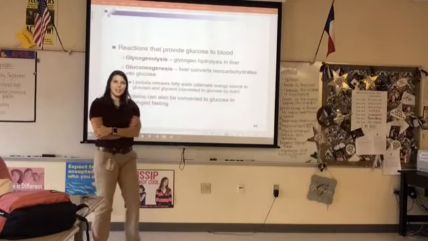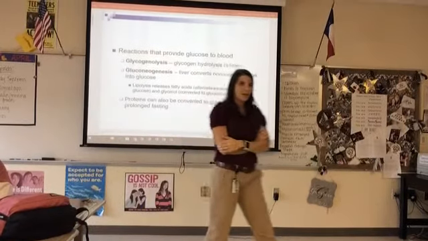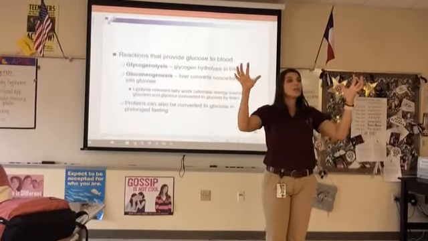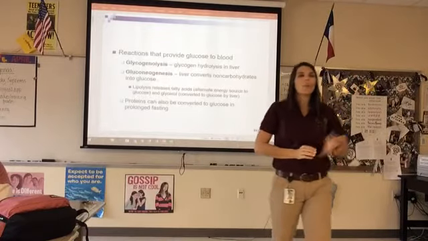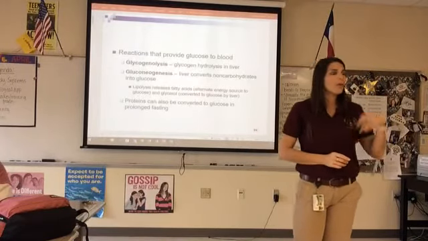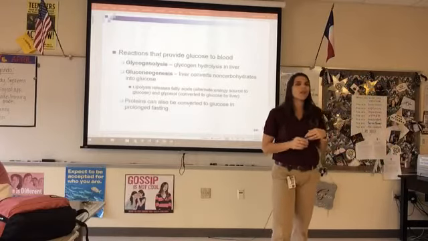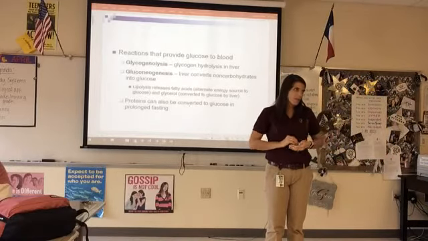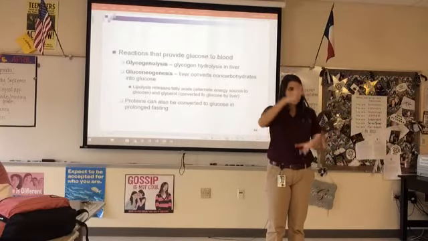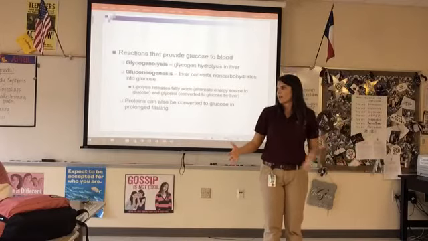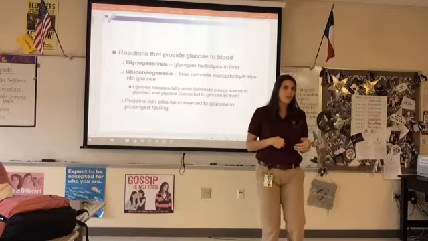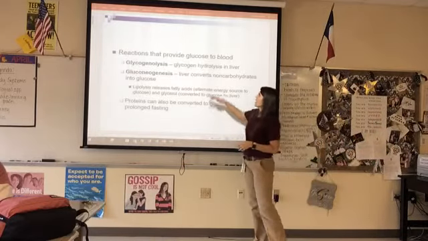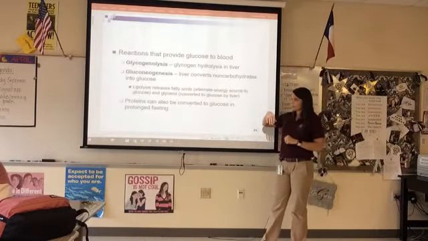Do you remember what glycogen is? It's a bunch of glucose molecules that we pack together and put in our liver. So our blood glucose levels go low. The first thing that happens is we tell our liver we need to break down glycogen. So it will pull a glycogen molecule out, break it down, and disseminate that glucose throughout our body. Glycogenolysis is taking glycogen from our liver and breaking it down and releasing that glucose into our blood.